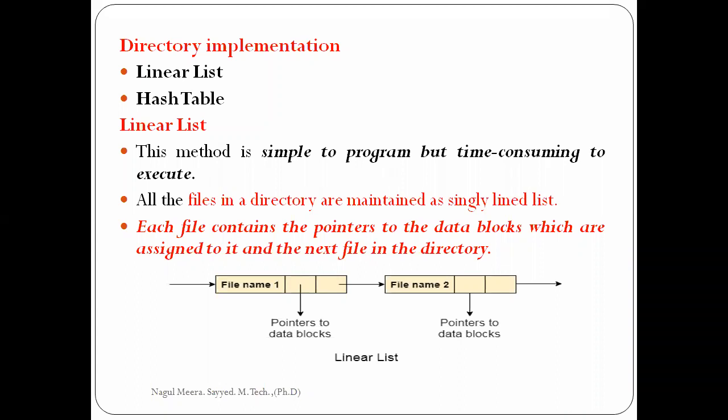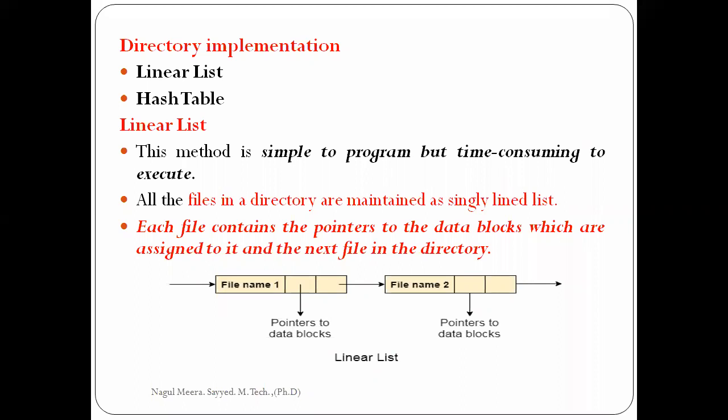In this, all files in a directory maintain a single linked list notation. What is the meaning of single linked list notation? Now, what is the meaning of linked list? Here, linked list is nothing but a collection of nodes. In that, each node consists of two parts.